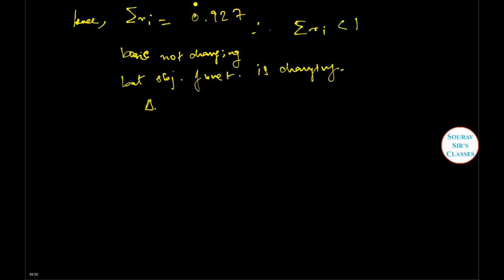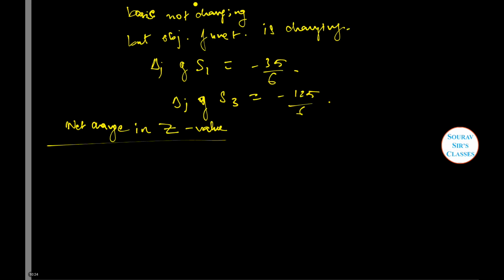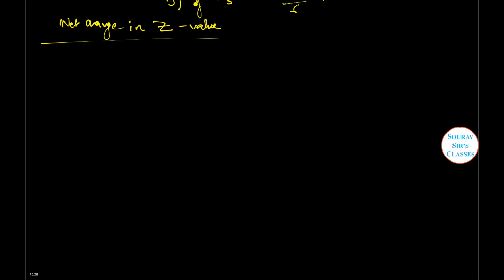Now we know that the del J value of S1 is equal to minus 35 by 6 and del J value of S3 is equal to minus 125 by 6. Hence the net change in the Z value is calculated as follows. Decrease in M1 is 8 kg at 35/6. The change in profit is 8 into minus 35/6, which is equal to minus 46.67.